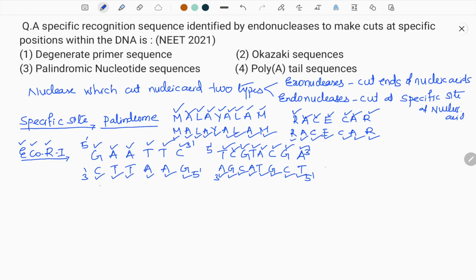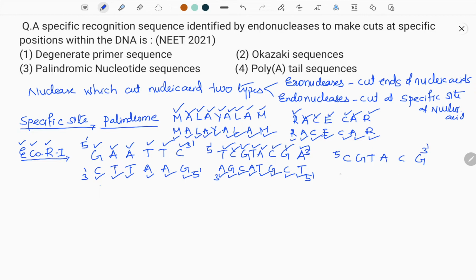Like that we can construct any number of palindromes and you can say whether it is a palindrome or not. Because sometimes questions are asked, find out the palindrome among the following. So you should be alert and check it properly whether it is really a palindrome or not. Let's write one more palindrome here. Let's take it as C, C, G, G, T, A. This is 5 to 3, let us suppose.